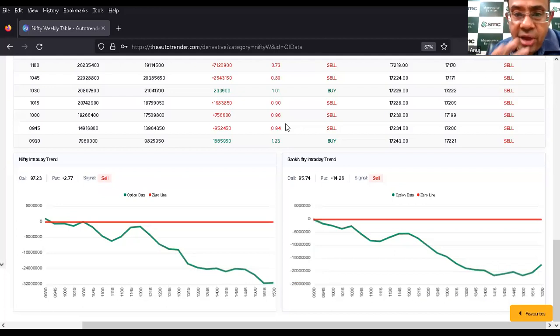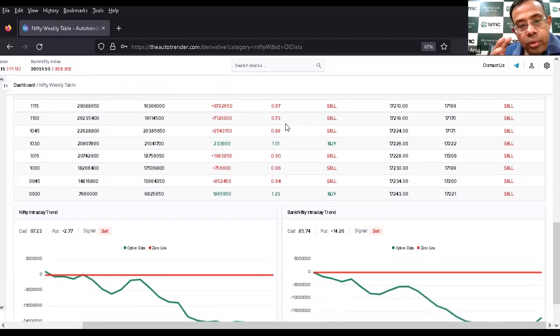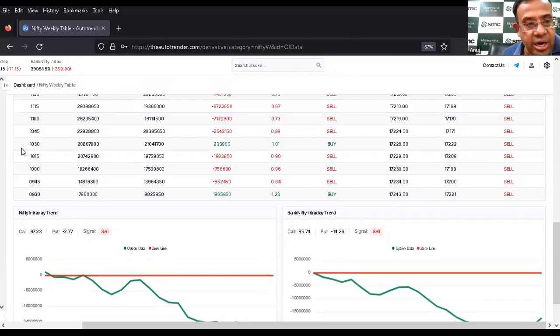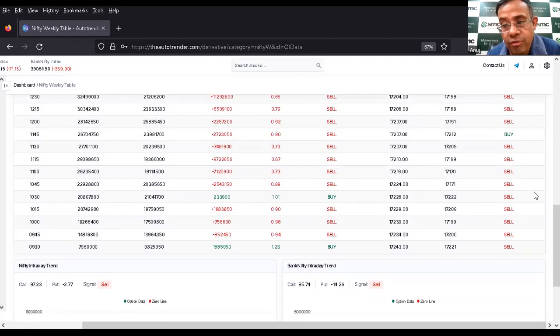So the first hour is very important in a test match. Same way you can think of the market as a test match and play out the first hour. So after 10:30, things would be much clearer. Here you can see after 10:30, you see a buy signal on the option side and a sell signal on the future side.